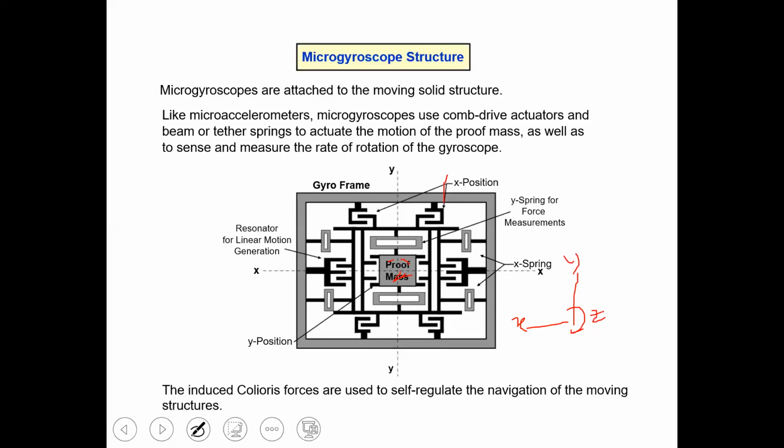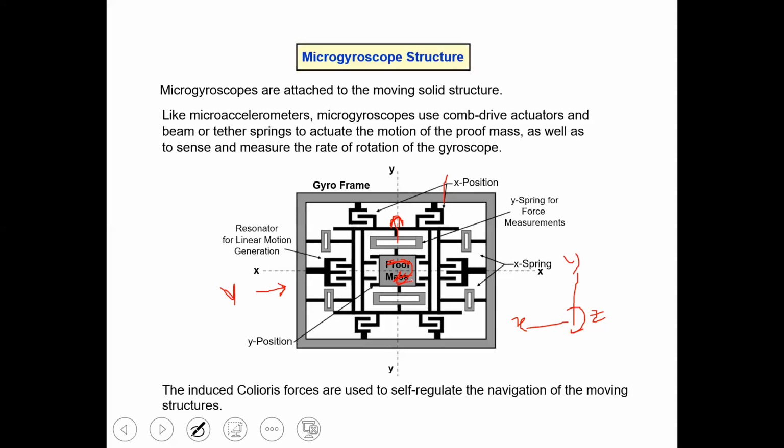So when rotation comes along this axis, this will move this way. So this is the velocity axis, drive axis. This is the rotational axis.